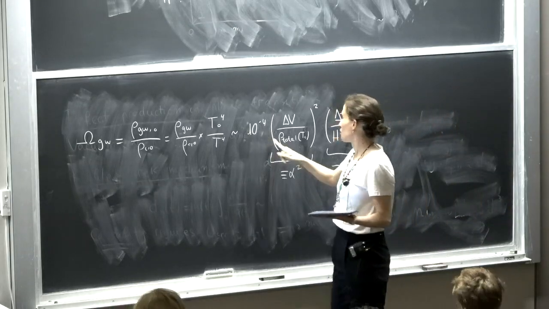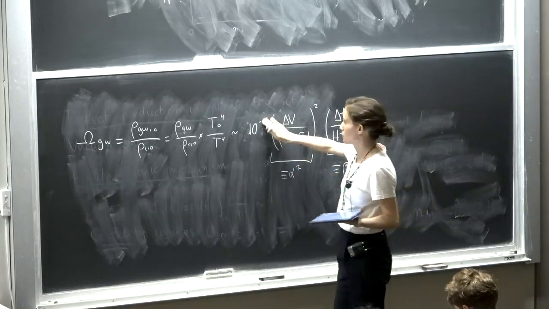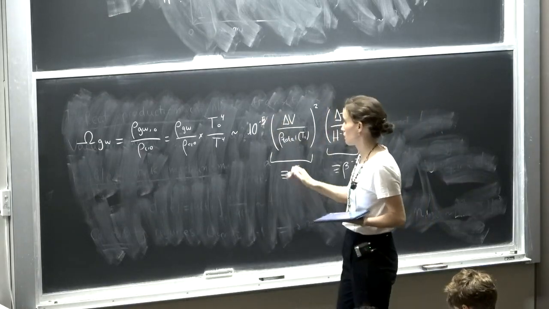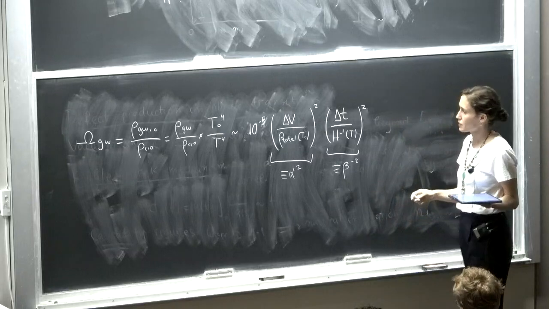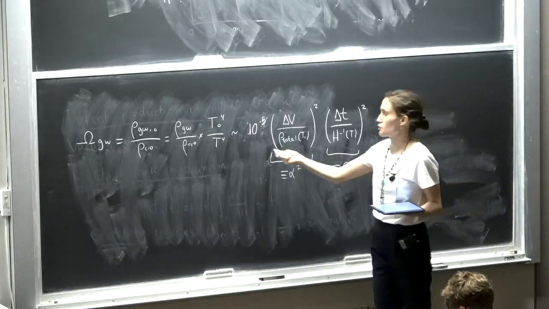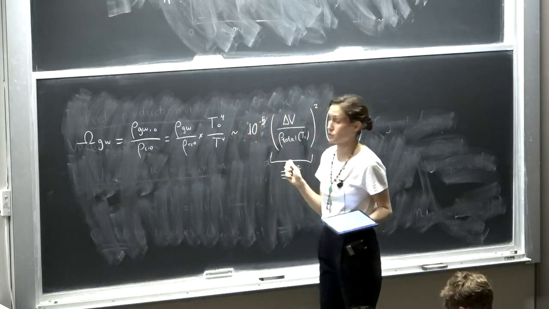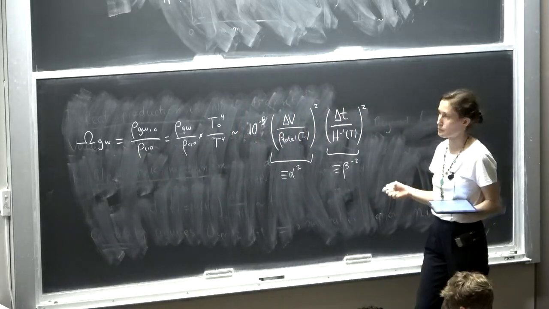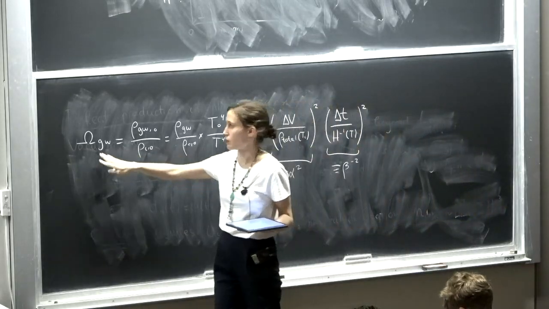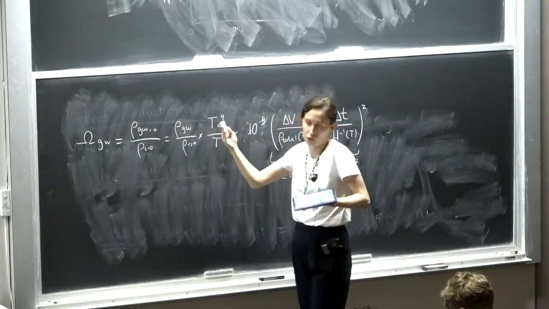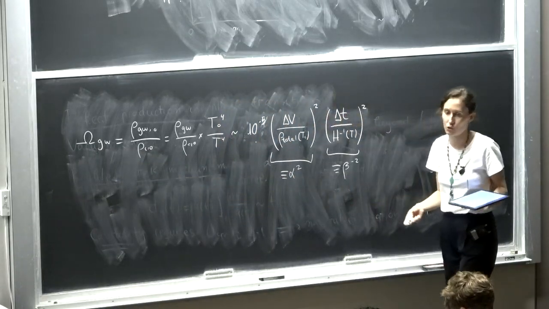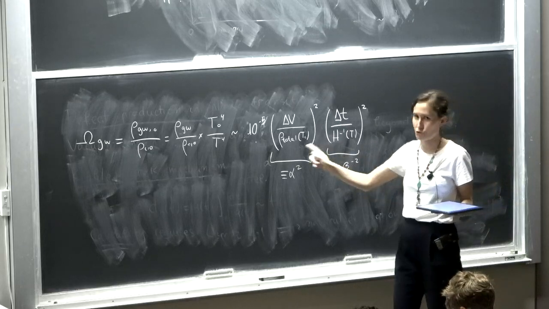Now, 10 to the minus 5: notice that if you're a little bit more careful, this comes out to be 10 to the minus 5, not 10 to the minus 4. This is already at the level of what is ruled out, actually not by gravitational wave experiments, but by the CMB. A stochastic background of gravitational waves also contributes to the total energy density in our universe today, and we know that radiation is of order 10 to the minus 5.